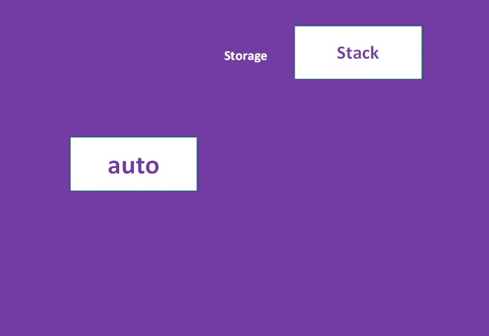You can write auto int x or just int x, and that x is still treated as automatic storage class. In automatic storage class, the variable is stored in the stack area.